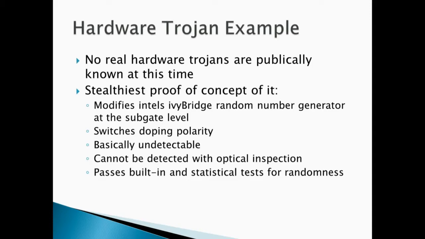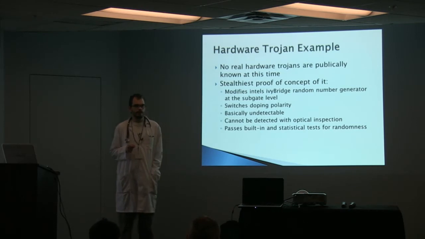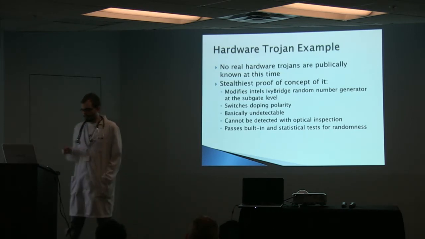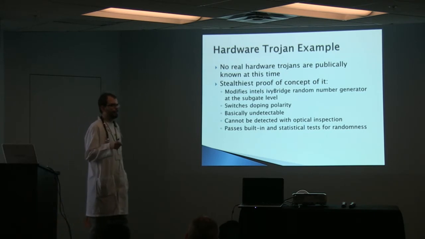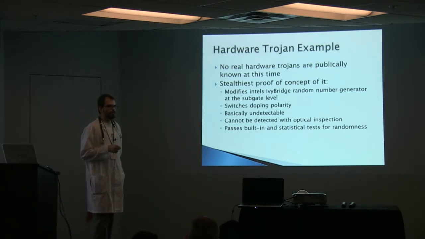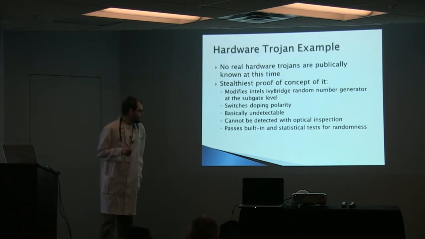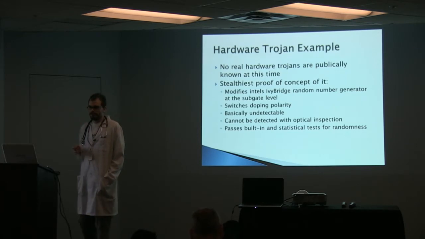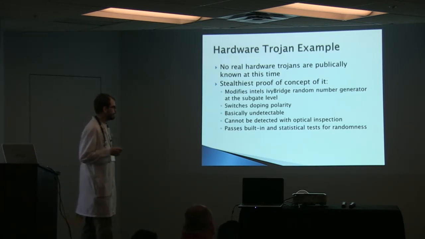And just by reversing the polarity of a few things in there, they were able to decrease the entropy of that random number generator by a significant amount if you knew the secret of how they modified it. If you don't know the secret, then it'll pass all these statistical tests like the NIST ones, and it'll pass the functional built-in self-tests and other ways we have of detecting if there's a hardware Trojan or not.